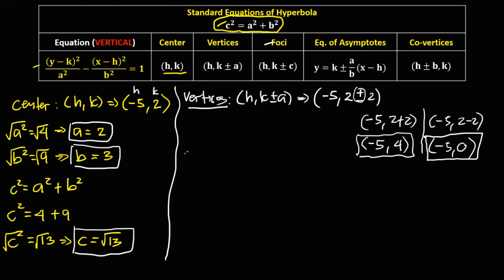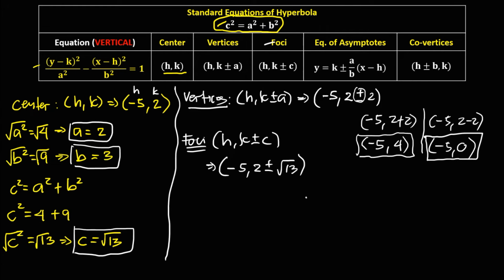Then for the foci, the formula is h, k plus and minus c. Then substitute now the values. So h is negative 5, then k is positive 2 plus minus c, which is square root of 13.